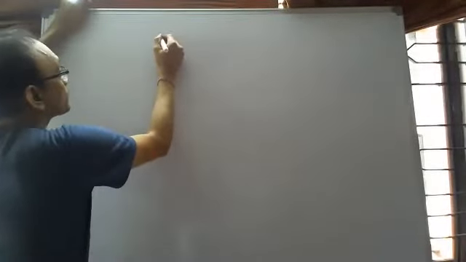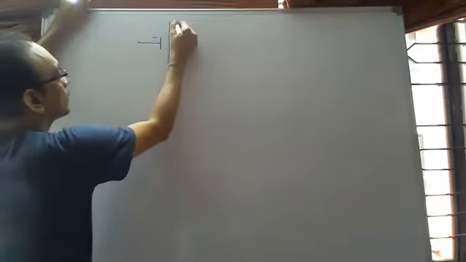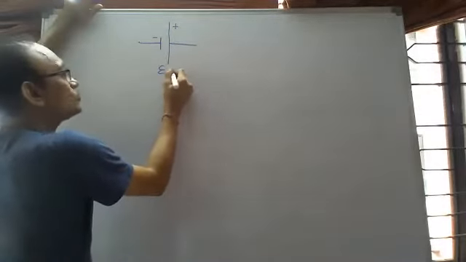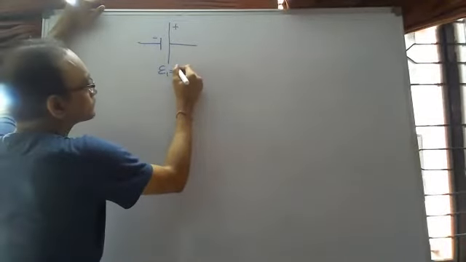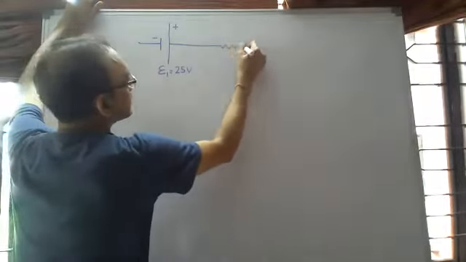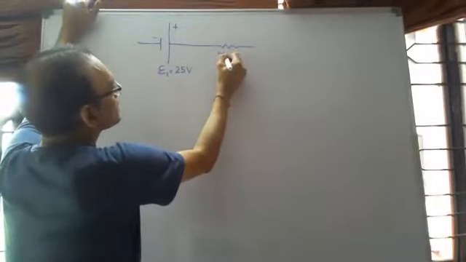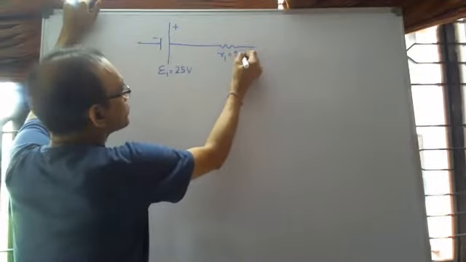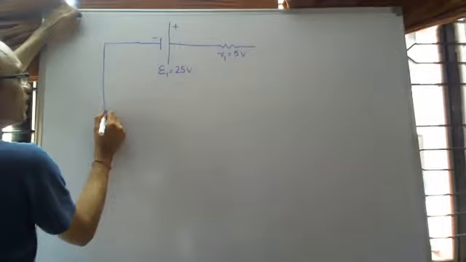Suppose this is EPSA 1 known, जो 25 वोल्ट से, जिसका ये इंटरनल रेजिस्टेंस 5 वोल्ट से, और यहाँ पे वो थिक वायर है.